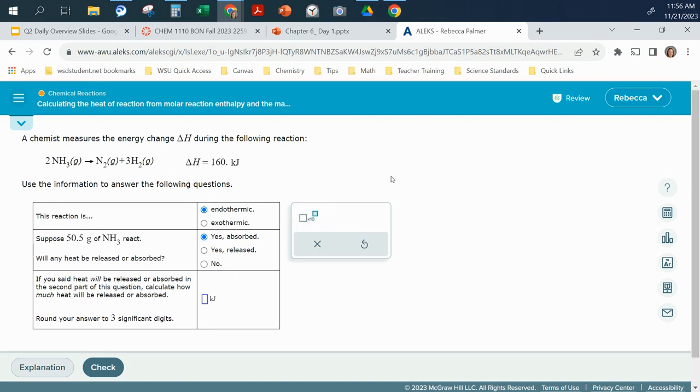All right, so then we have to do the math problem. Let's do the math over there. We have to figure out how many kilojoules, that's what we're trying to do.